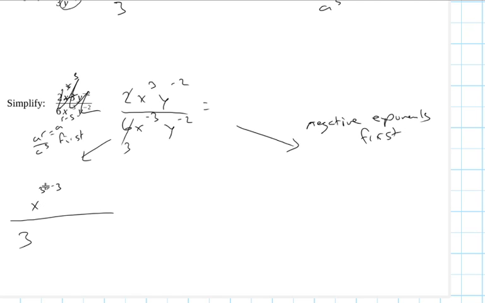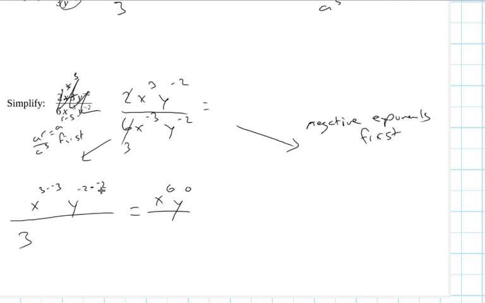I'm wanting to be careful about that because there's a number of negatives floating around. Up on here, we get y to the negative 2 and y to the negative 2. I could say that those cancel, or I could say y to the negative 2 minus negative 2. Of course, this is going to end up canceling anyway. All right, 3 minus negative 3, that's 3 plus 3, so that's x to the 6th.